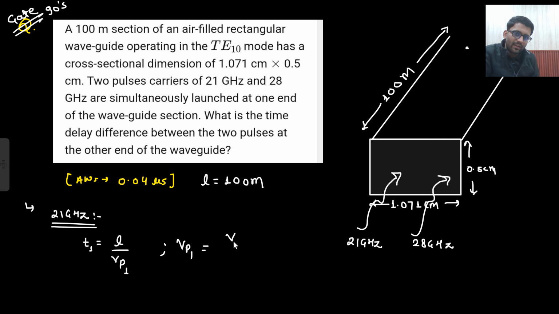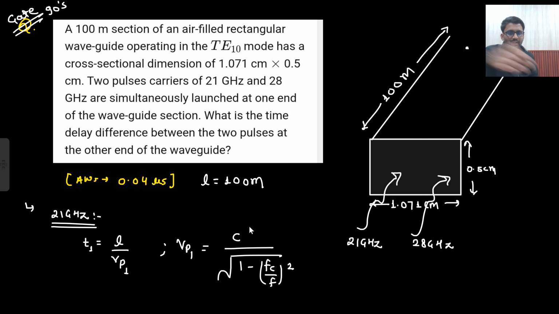Now what will be my Vp1? Here they did not mention air filled, they have written air-filled rectangular waveguide. So Vp would be C upon under root 1 minus (Fc by F) whole square, because in Vp this comes downward. And what is your Fc now? Your Fc will be Vp by 2a.